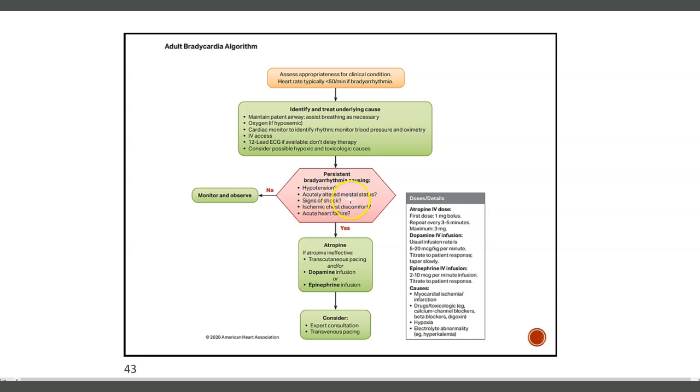Is it causing hypotension, altered mental status, signs of shock, and so on? If it's a no, then we continue to monitor. If it's a yes, then we administer medications. These are some of the medications that we give, along with a list of common causes of sinus bradycardia. In addition to that, we may need to consult a specialist to help us out with this.